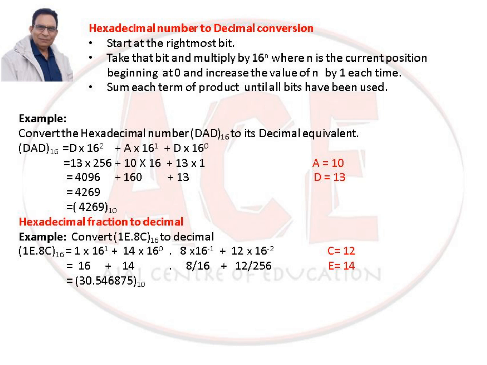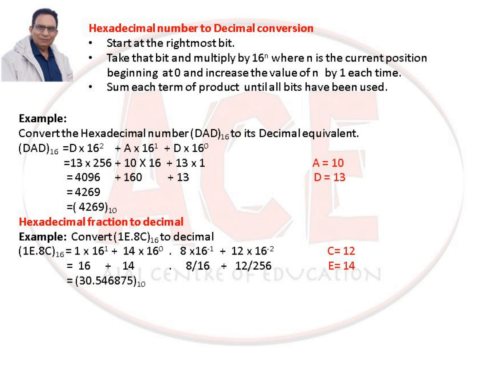Example, convert the hexadecimal number DAD base 16 to its decimal equivalent. We know in hexadecimal numbers A is equivalent to 10 and D is equal to 13. Writing the expanded form of DAD base 16, we get D into 16 to the power 2 plus A into 16 raised to the power 1 plus D into 16 to the power 0.